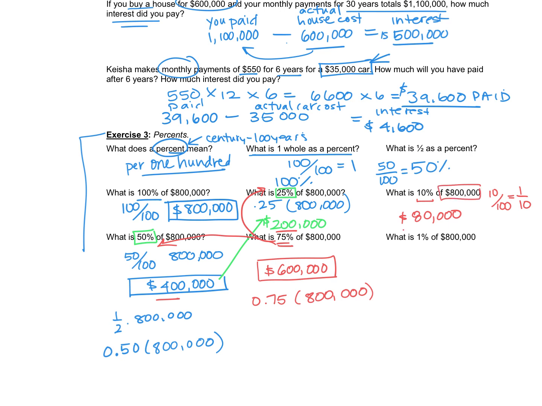With a calculator, you could put 0.10 times 800,000 and get that same result. Now at 1%, that's 1 out of 100, so that's going to be quite small. So 1/100th of 800,000, that's like dividing that by 100, which leaves us with, taking off basically 2 zeros, 8,000. So $8,000. On a calculator, you could put 0.01 times 800,000, and you could get 8,000.